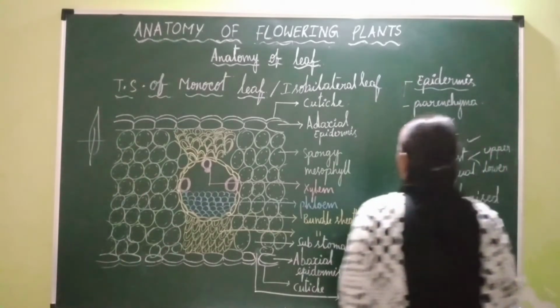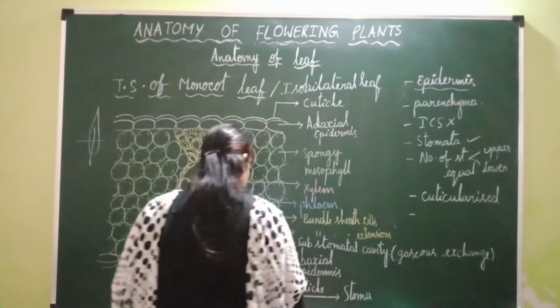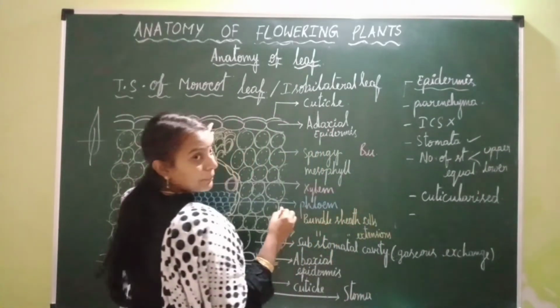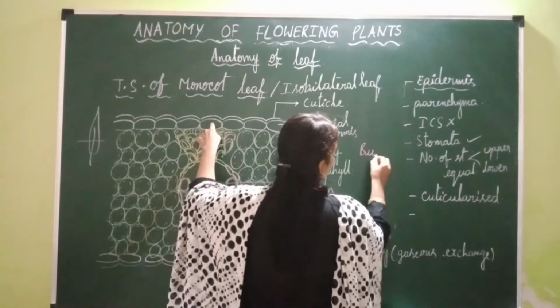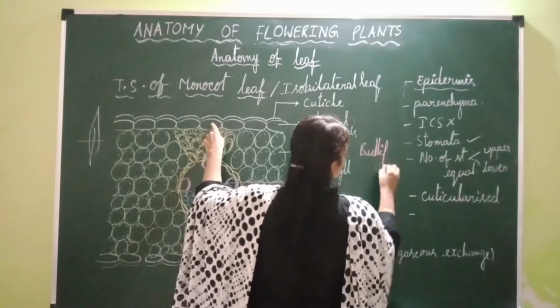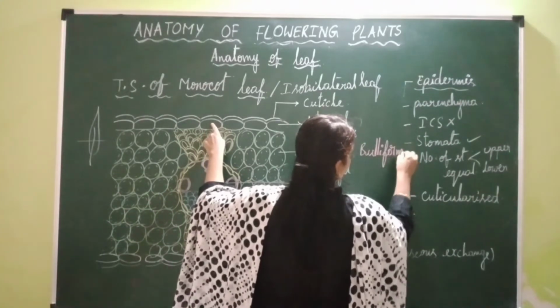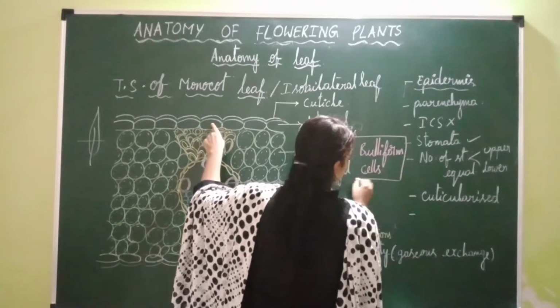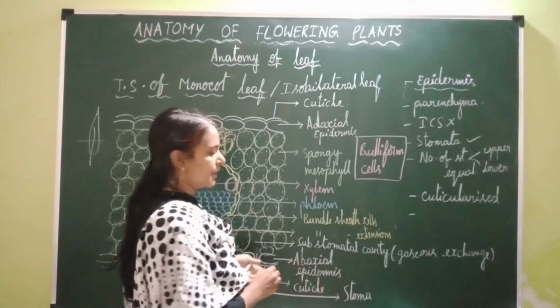Okay, one more important point to study in this epidermis is the presence of a special type of cells called bulliform cells. In the upper epidermis of the monocot leaf, special type of cells called bulliform cells are present. What are these cells and what is their function? Let's study.